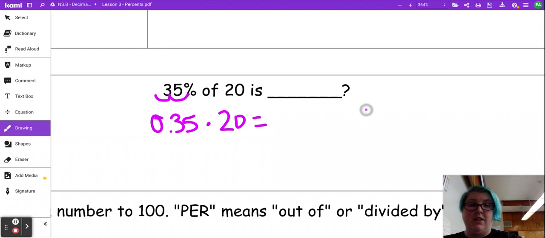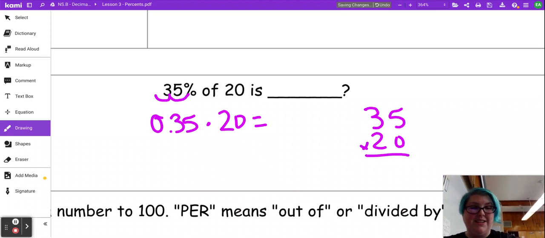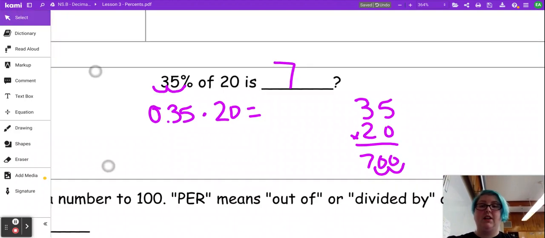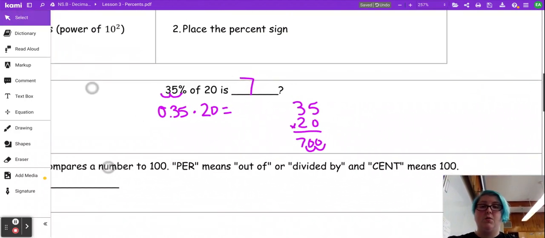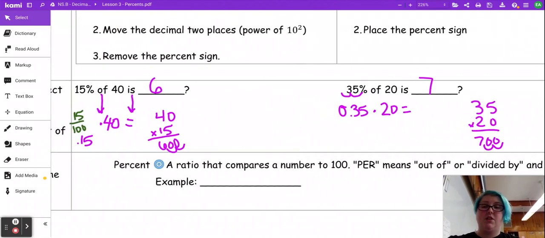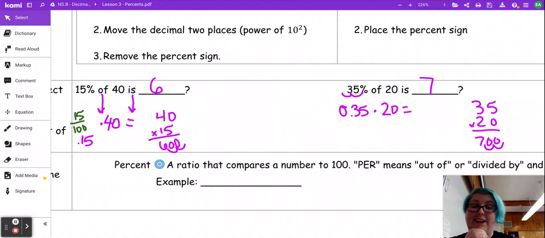And again, you're going to do 35 times 20, and that will give you 700. We have to move that decimal back 1, 2. The answer is 7. So any way that you are doing this, punching it into the calculator, you are using the percents to figure out a number. Now make sure that you finish this example, and happy mathing.